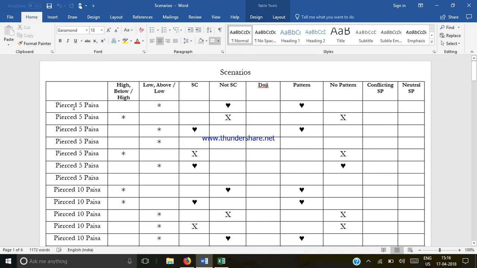1 means pierced 5 paisa, low above, not same color, pattern is there. Or 2, pierced 5 paisa, it's a pierced high below candle, meaning the higher fractal which came below much earlier, the current one is a low fractal, and not same color and no pattern. Or say for example, it gives me number 15.